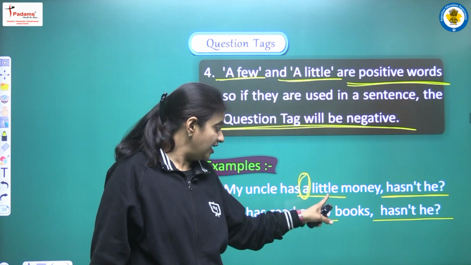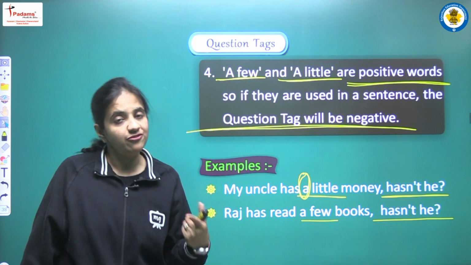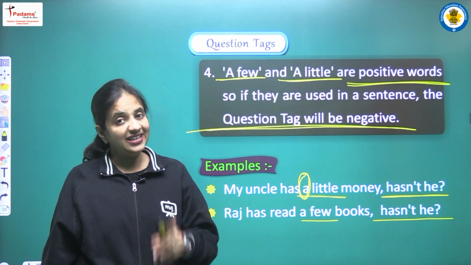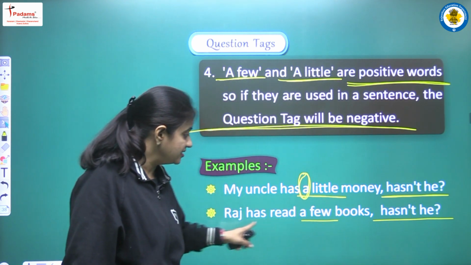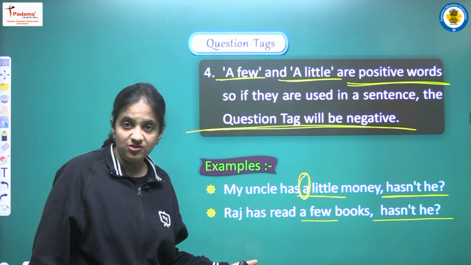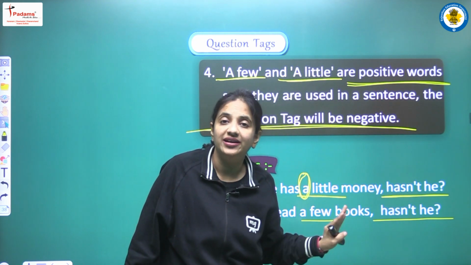Alright, so little and few, yes, they are negative words, but if we are having a few, if we are having a little, then they are considered as positive words. So now this sentence is regarded as a positive sentence. So our question tag will be negative now.